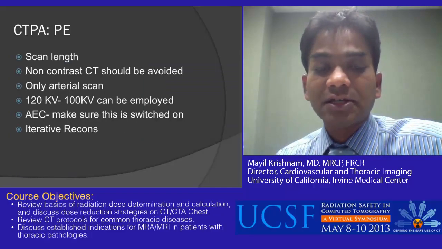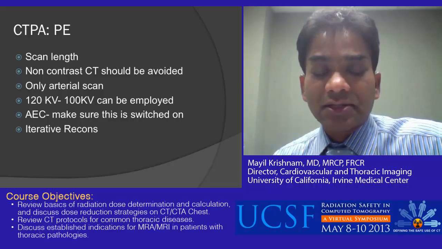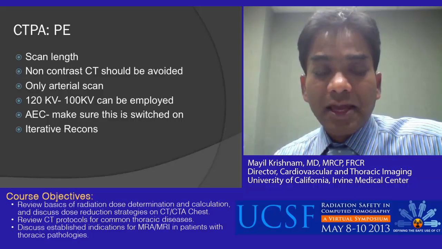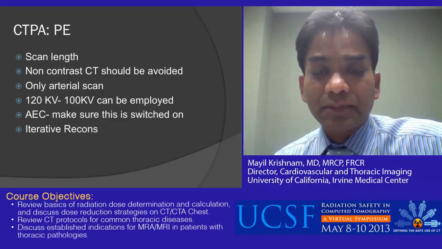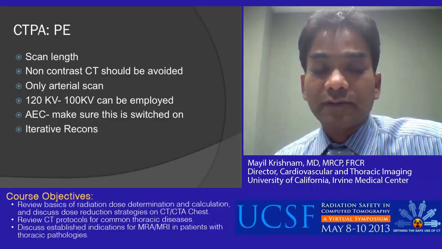Next slide. Coming to CT pulmonary angiogram, the scan length for this should be kept as appropriate as possible. We should not have too much of the abdomen on the studies, and a good principle could be to keep the scan length at the level of the lowermost costophrenic angle or 2 cm below the lowermost costophrenic angle.